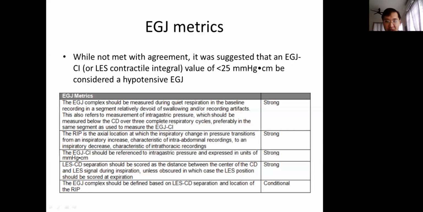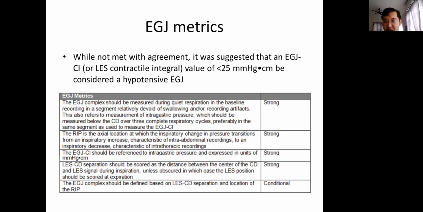So coming to the last part, which is EGJ metrics. This is an example showing that Chicago 4.0 actually incorporated EGJ metrics, which were not present previously, to define hiatus hernia. So they did a few things.